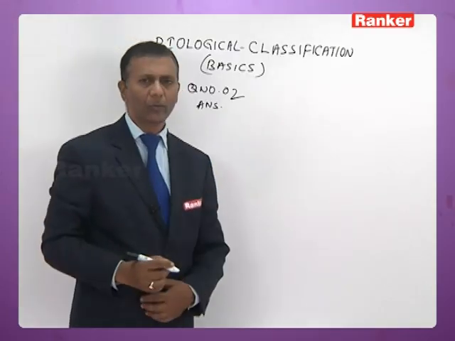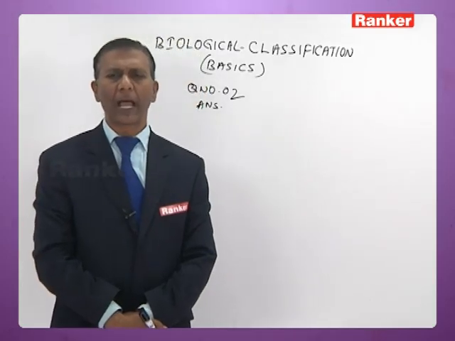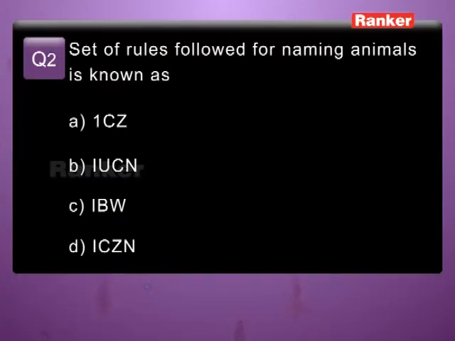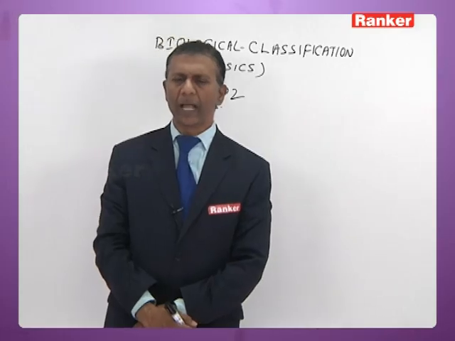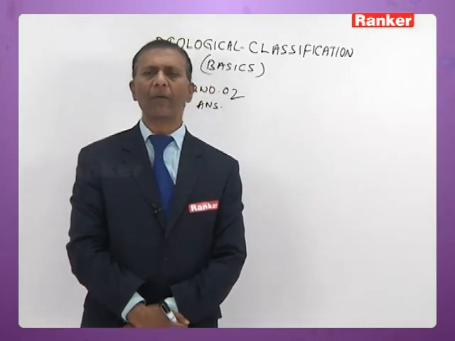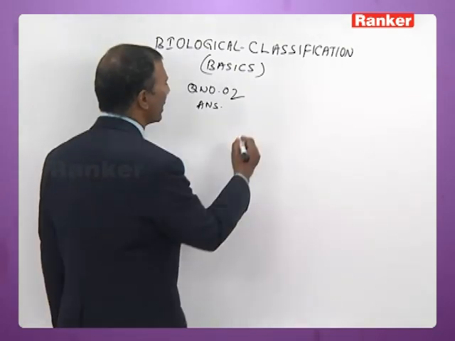Now, question number 2: the set of rules followed for naming animals is known as A. ICZ, B. IUCN, C. IBW, D. ICZN. So, the branch of science that deals with the naming of animals is the International Code of Zoological Nomenclature.